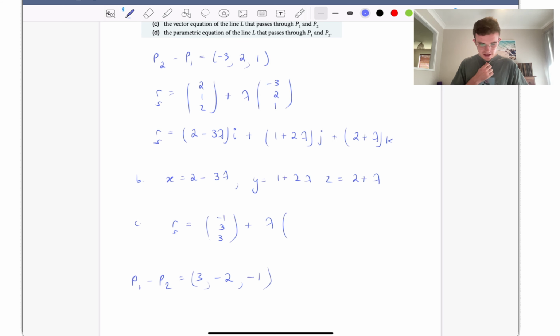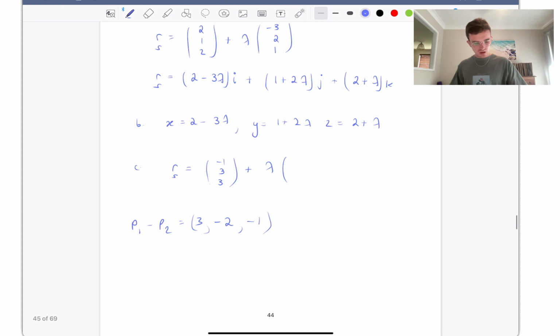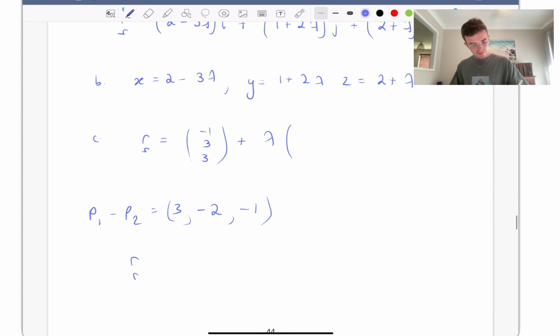Note that this is the exact same thing as the earlier vector, except we're going in the opposite direction now. So therefore r is going to equal minus 1, 3, 3 plus lambda lots of 3, minus 2, minus 1.